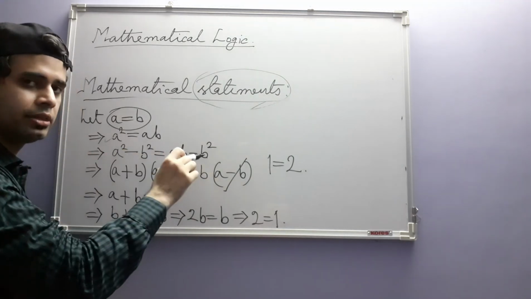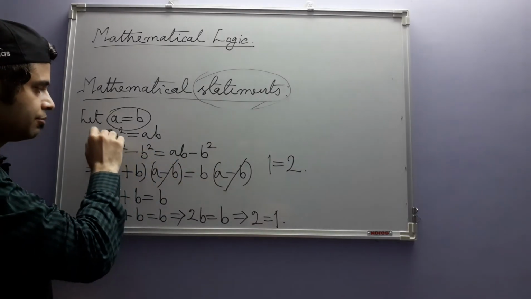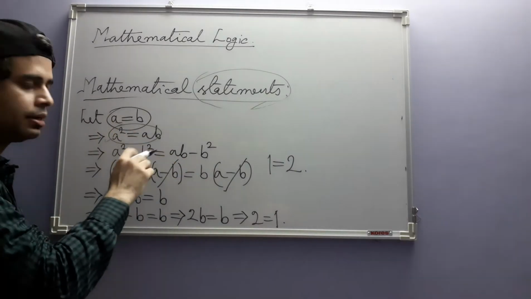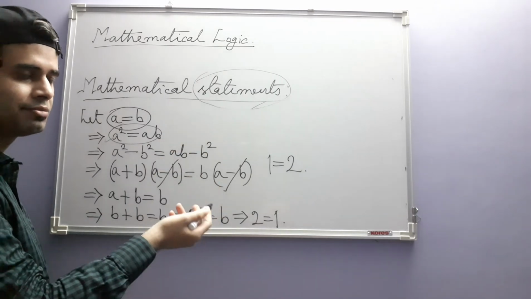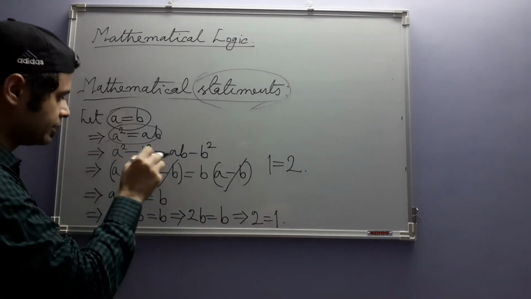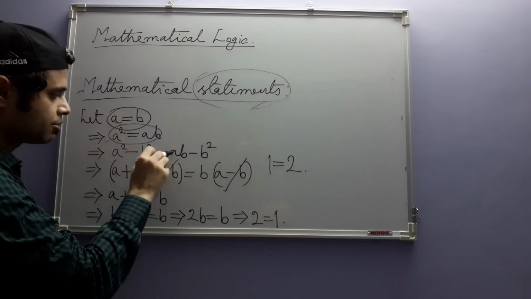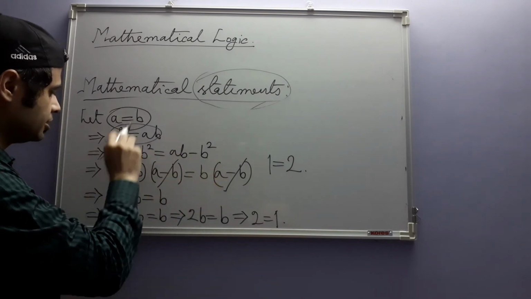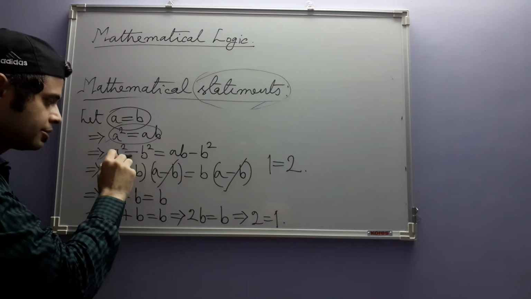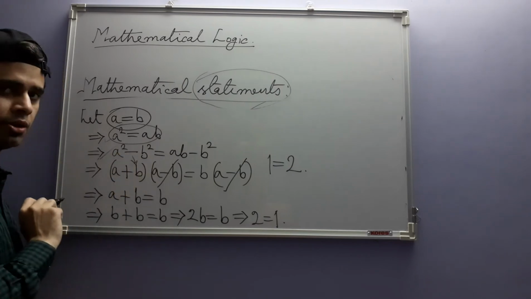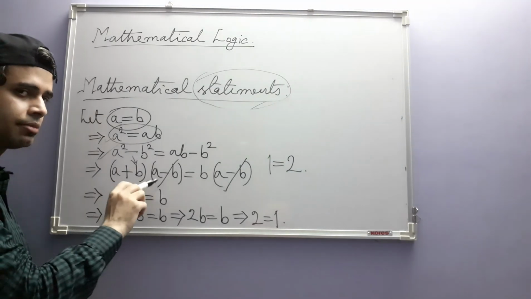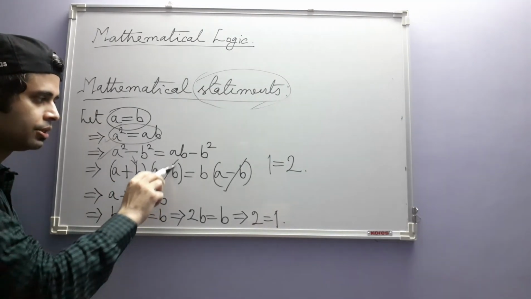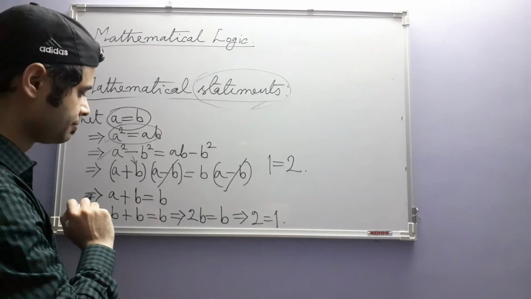If the things with which we started are equal, then subtracting the same number from both sides gives us equal quantities. So A square minus B square is equal to AB minus B square. This is also okay. A square minus B square is indeed equal to A plus B times A minus B. That is always true. Here also there is no mistake.